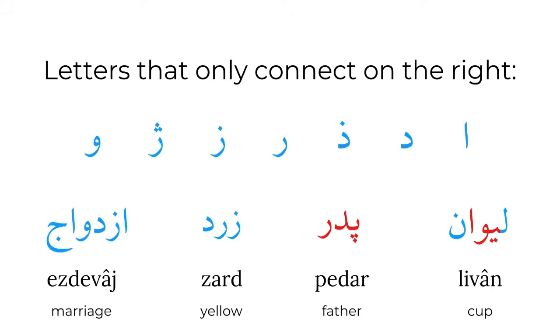And we can see that in the last 2, in zard and in ازدواج, these words are comprised almost entirely of these letters, so none of them are going to be connected. It's good to just know this, but it'll become clearer and make a lot more sense in practice and once you get used to seeing and reading and writing and all of these things.